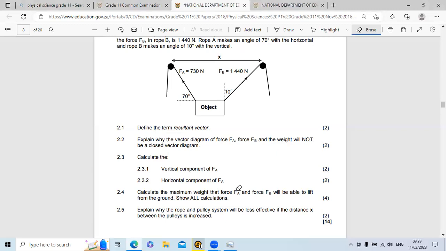So now we're going to go to the next question where they say calculate the maximum weight that force A and force B will be able to lift from the ground and show all your calculations. Can I give you guys 10 minutes to try this?